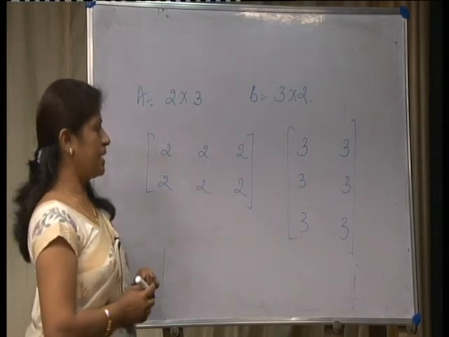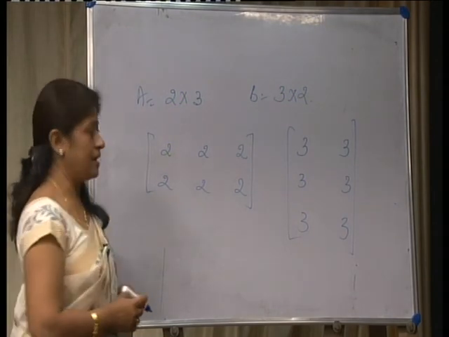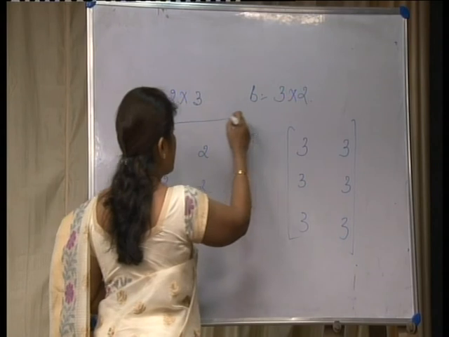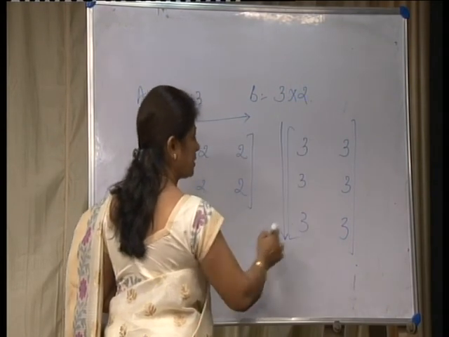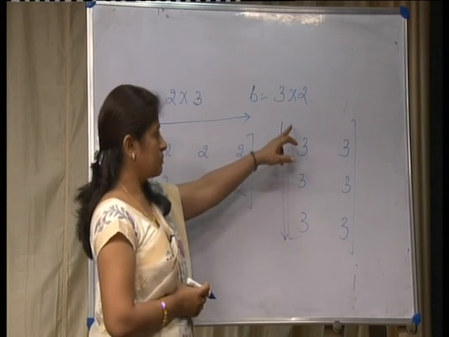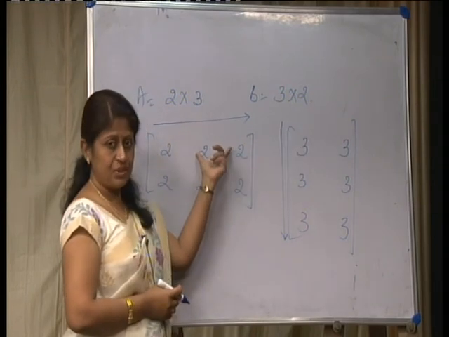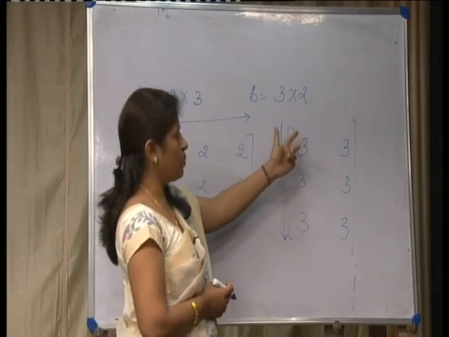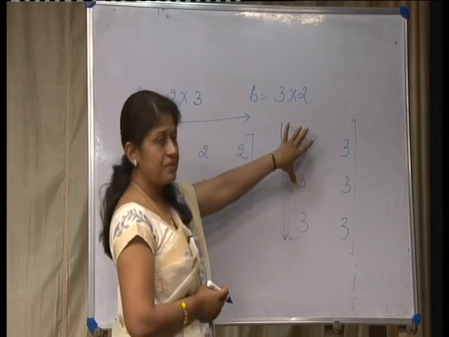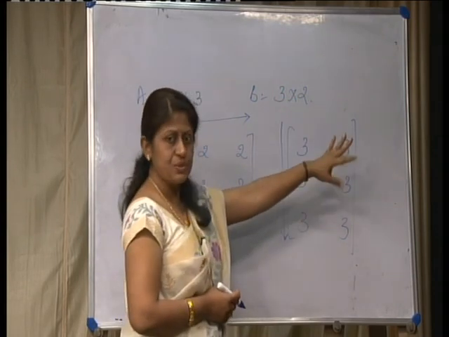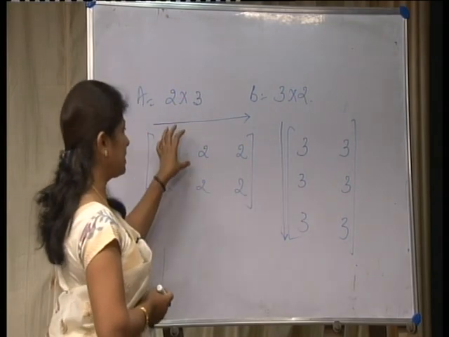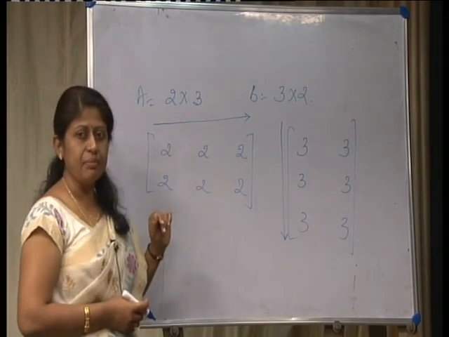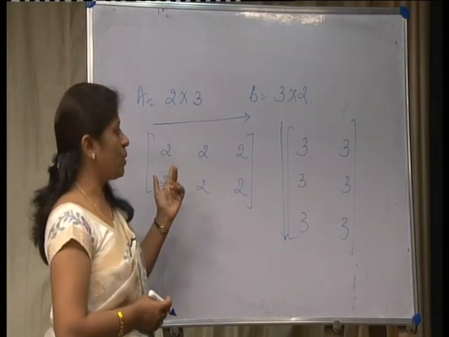Now to perform matrix multiplication, we know that the row elements of the first matrix are going to be multiplied with the column elements, first the first column and then the second column, and so on. The sum of these will be the first element that has to be placed in our resultant matrix. So how do we go about this?